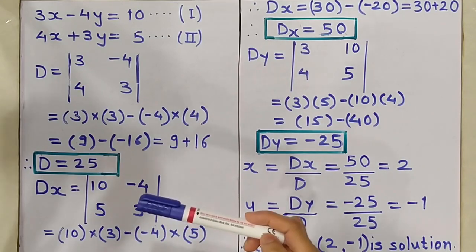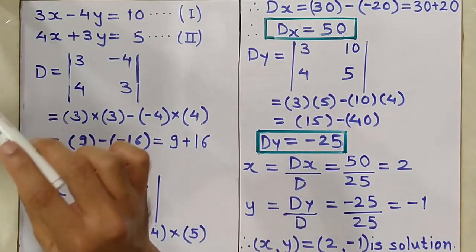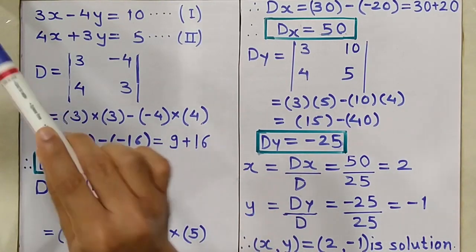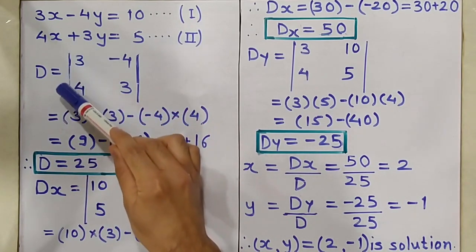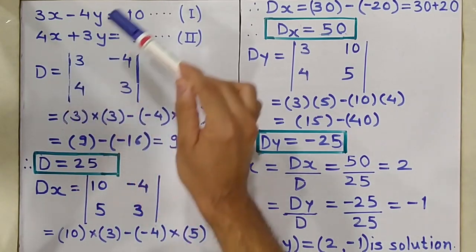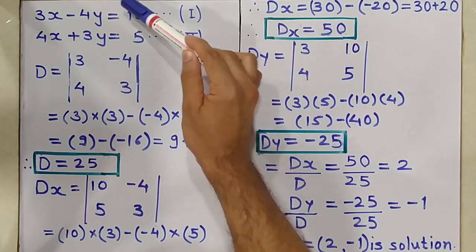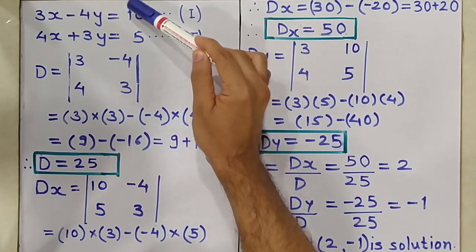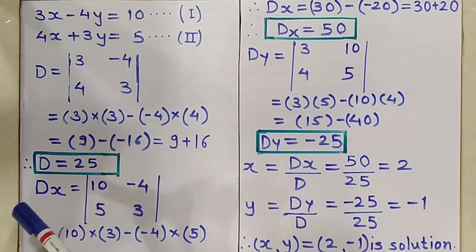So while forming dx, you have to take D, replace the coefficients of x by constant terms. ठीक है, so हमने dx को फॉर्म किया है यहाँ पे.